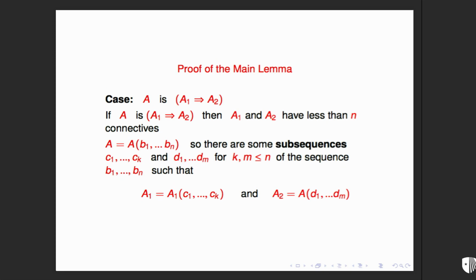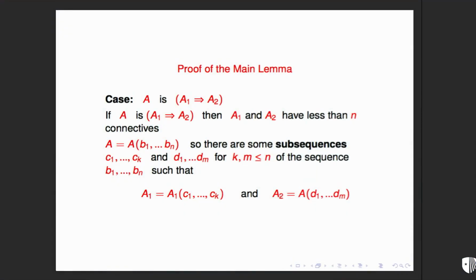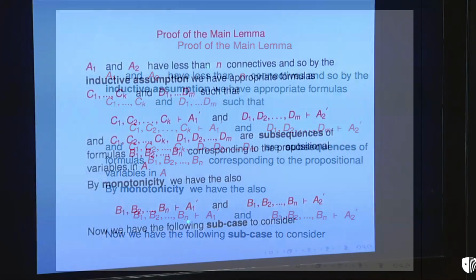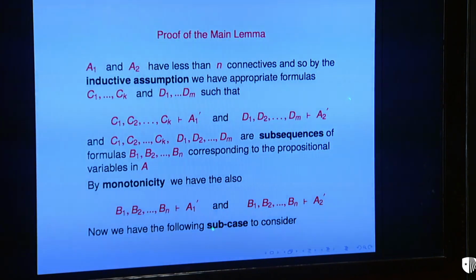But first of all, with the implication, A is an implication of two formulas, and the inductive assumption holds for A1 and A2. But A1 has certain variables, I don't know which ones, and A2 also has certain variables. Some of them are the same. A1 and A2 have fewer connectives, so I know that C1, ..., Ck proves A1 prime, and D1, ..., Dn proves A2 prime.